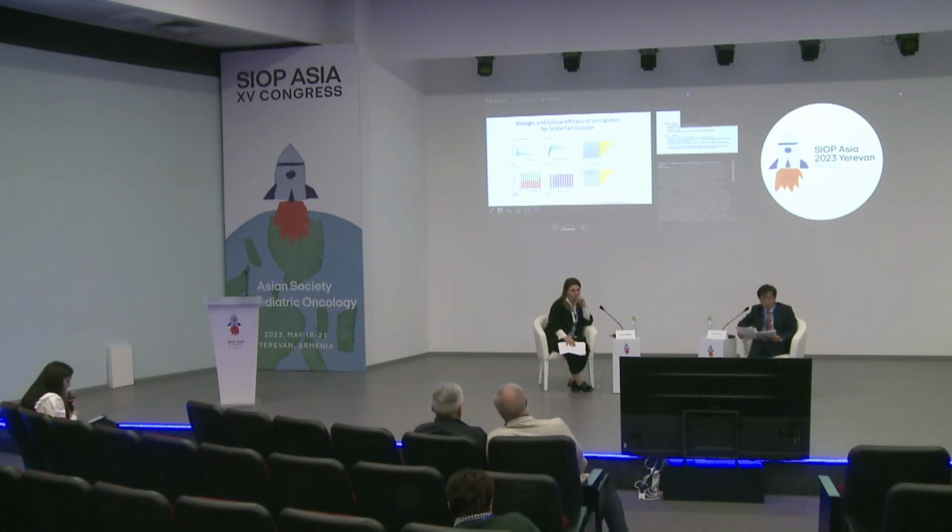This is pre-infusion of the lentiglobin product, and this is post-infusion. The top graph shows severe vaso-occlusive crises. There were many before and significantly fewer after. And this was all VOCs, before, significantly decreased after lentiglobin infusion. So definitely clinical efficacy was proven.